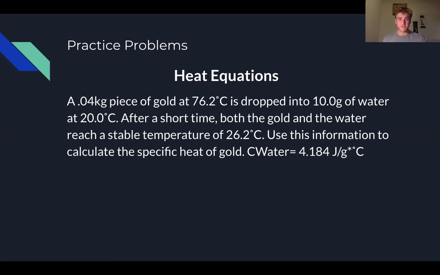So it should be just a simple 6.2 degrees change in temperature. And this is positive, our other one was negative. So just remember that, those are very important as well. So water started at 20 degrees, went up to 26. Gold started at 76.2 degrees, went down to 26.2. So that's a decrease.